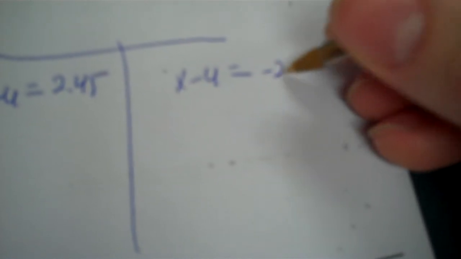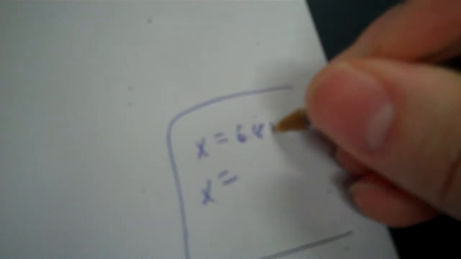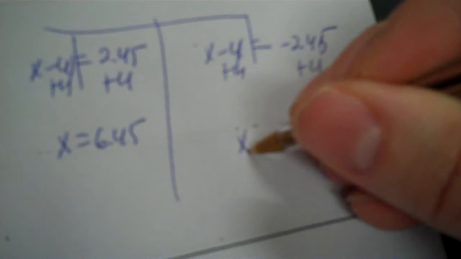So I go second, and then 6, 2.45, and then negative 2.45. Plus 4, that takes me to 6.45. Then negative 2.45 plus 4 is going to be 1.55.